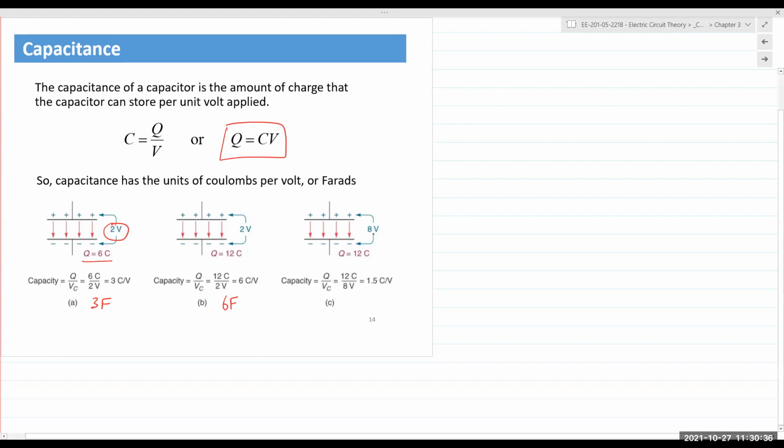So if I increase the voltage to 8 volts and I still keep the charge the same at 12 coulombs, then my capacitance is only 1.5 farads, right? So using this equation, designers can come up with different capacitances that can fit their circuitry.